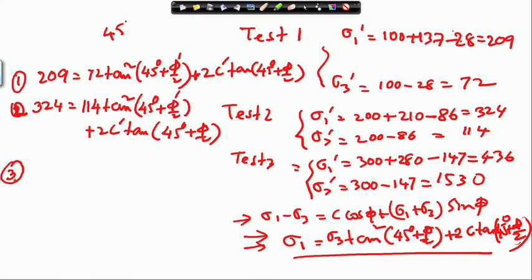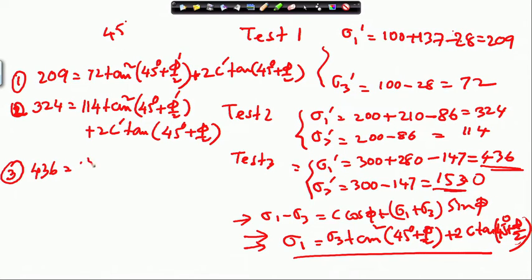And from test 3 I can write another equation: 436 is the sigma 1 here, and sigma 3 is 153.